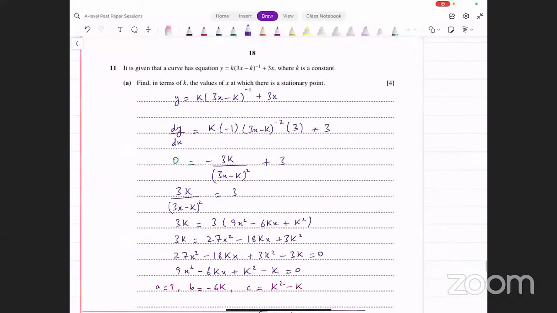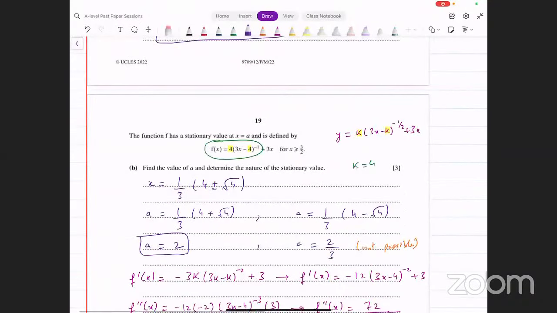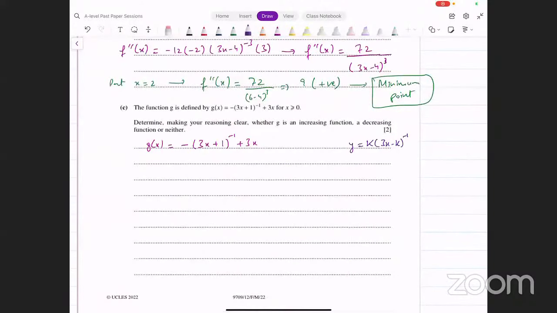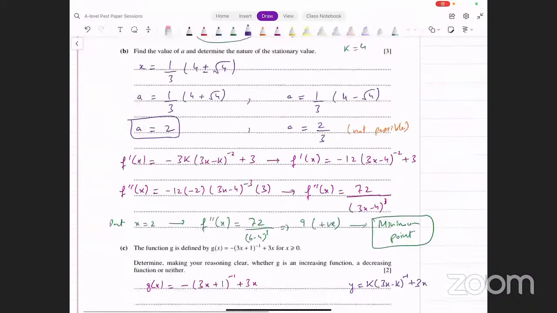I wrote that by mistake here. This was supposed to be minus 1. Yeah, but that doesn't hurt us, fortunately, because हमने कहीं पर उसको use नहीं किया था आगे.